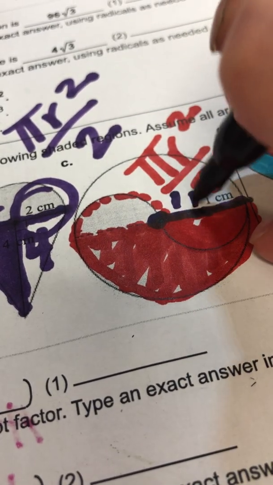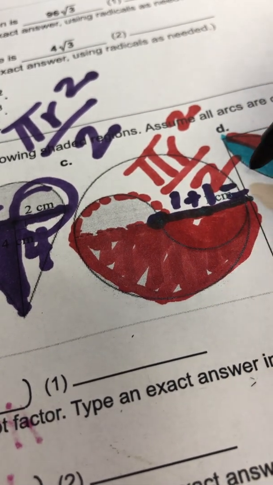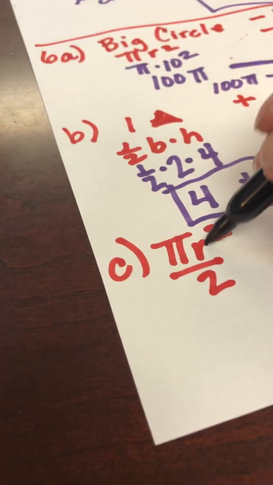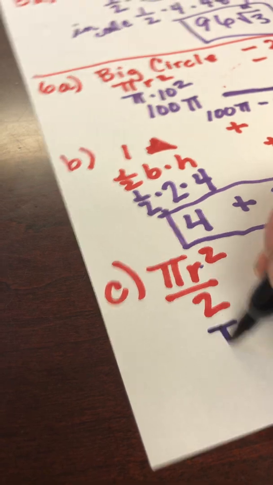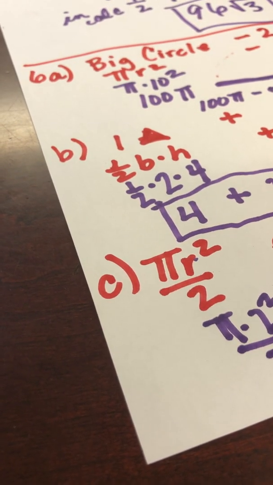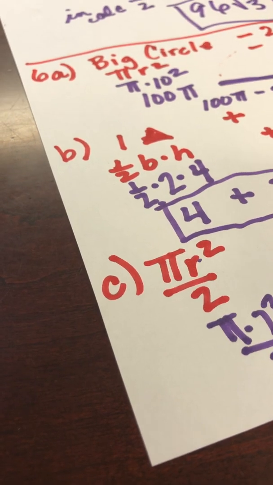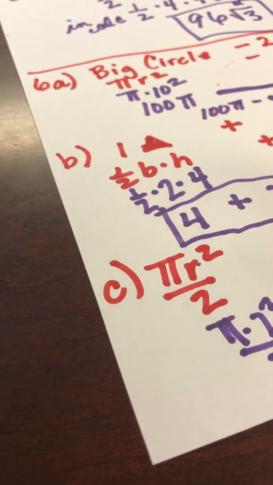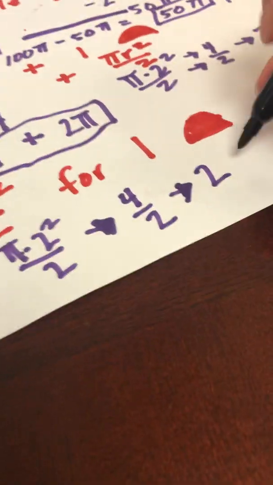So 1 plus 1, that makes 2. So I'm going to put in a 2 for this r. So pi times 2 squared over 2, and that makes 4 over 2, or just 2. And then put the pi on it.